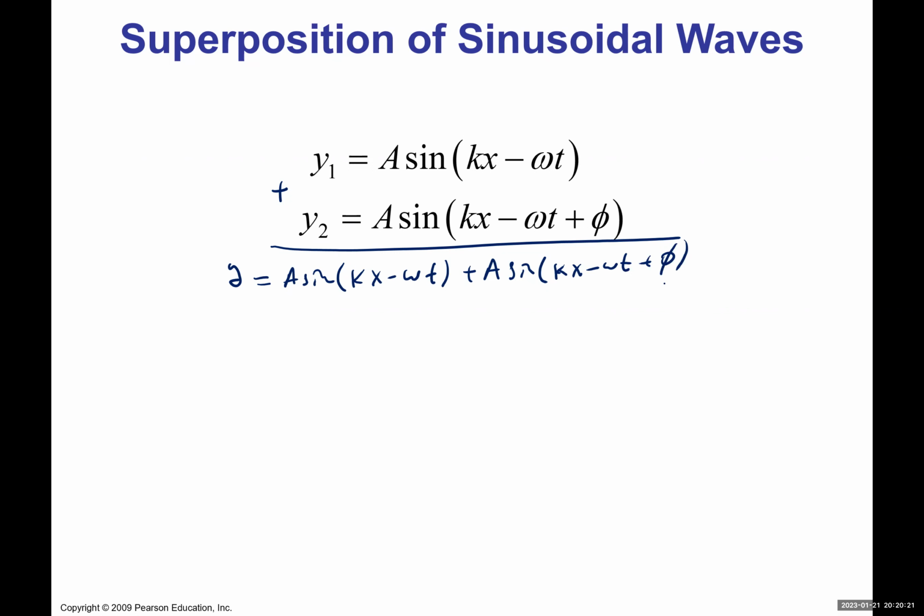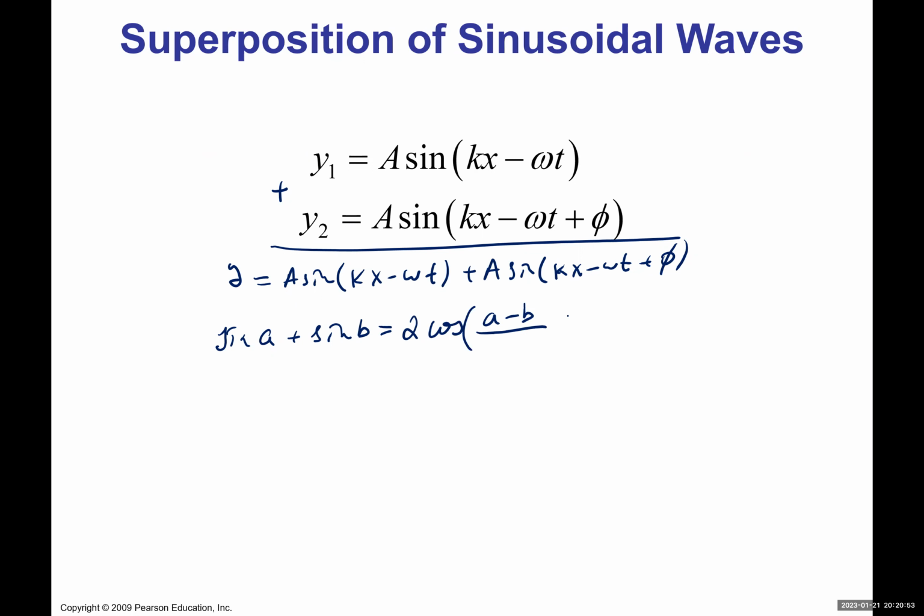Now, whenever you're adding two sine functions, we have to go back and look at some of those trig identities. We have this particular trig identity: sine A plus sine B equals 2 cosine of (A minus B) over 2, times sine of (A plus B) over 2, where A is the argument of the first sine function and B is the argument of the second sine function.